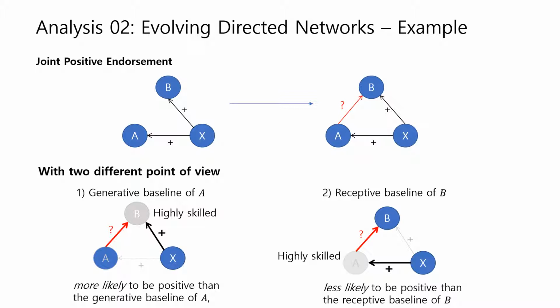Therefore, generator A will more likely give positive assessment than the generative baseline of A. Second, from recipient B's point of view, since A is also assessed as highly skilled player by X, B expects the generator A to be highly skilled player. Therefore, recipient B will be less likely to be assessed positively than the receptive baseline of B. By considering two different points of view based on either generator or recipient, status theory can explain joint positive endorsement situation.